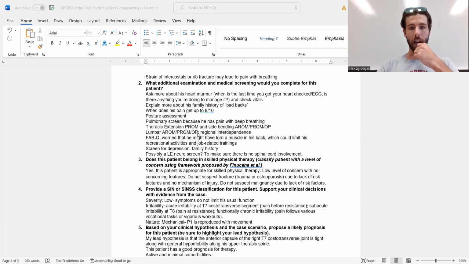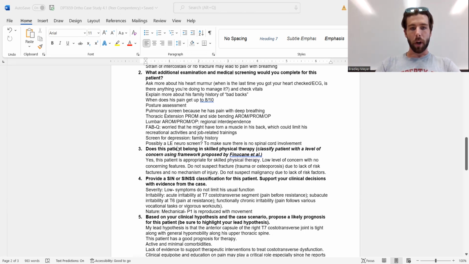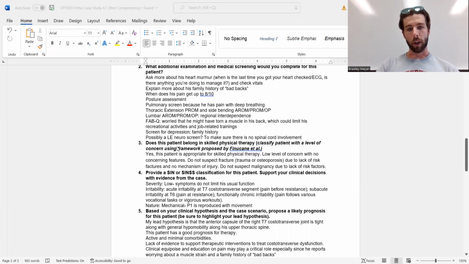And then side bending, based off of the other exam results, I would expect that side bending to the left might cause some pain. So I'd want to just double check that. I'd also do some lumbar active and passive range of motion with overpressures because of regional interdependence. So problems in the lumbar spine might be causing problems in the thoracic spine or vice versa.